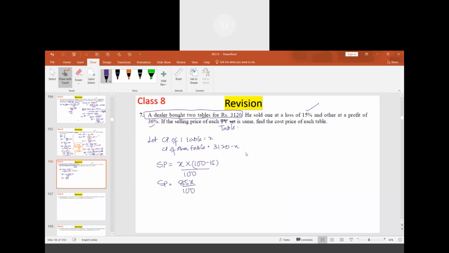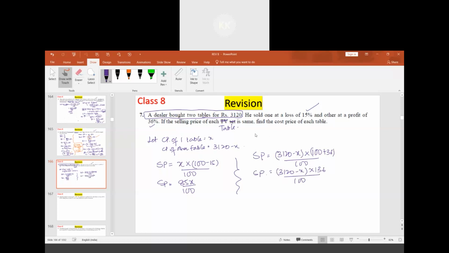This is for one case. For the other case, there is a profit. So 3120 minus X is the cost price. This has to be multiplied with 100 plus 36 divided by 100. So 3120 minus X into 136 divided by 100. This is the selling price of the other table.